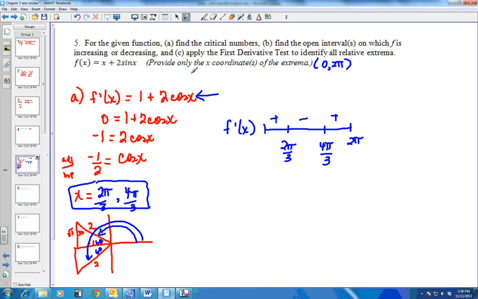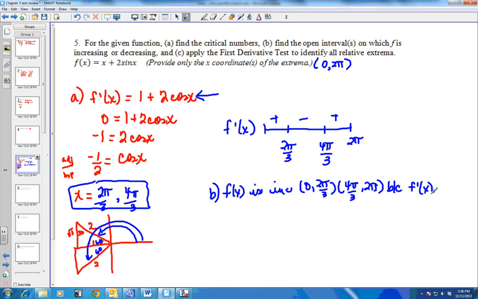Find the open intervals in which it's increasing and decreasing. So here's part B. F of x is increasing from 0 to 2 pi over 3 and from 4 pi over 3 to 2 pi because f prime of x is greater than 0 on the interval.